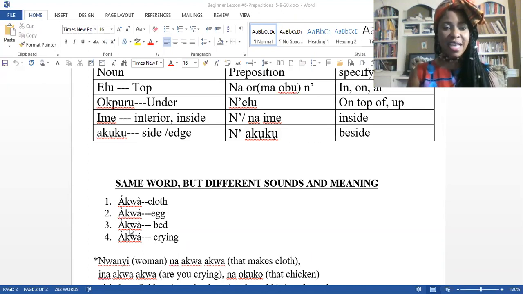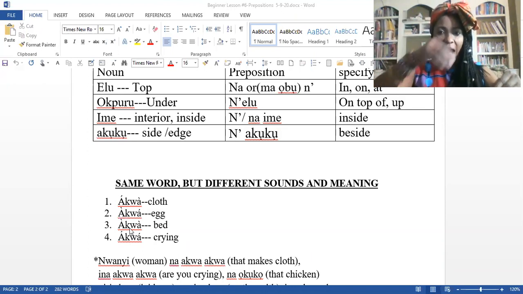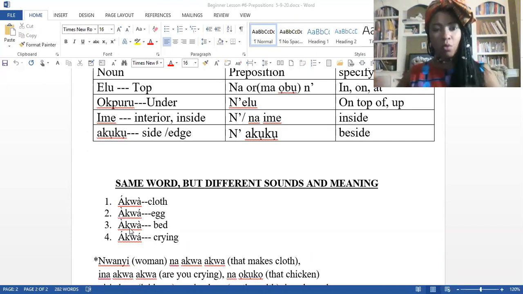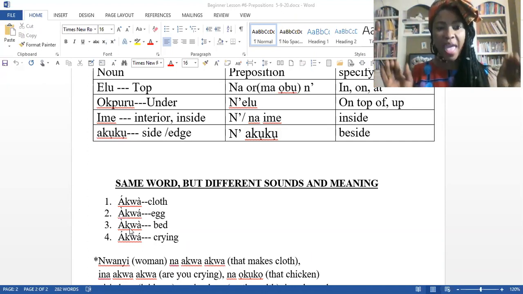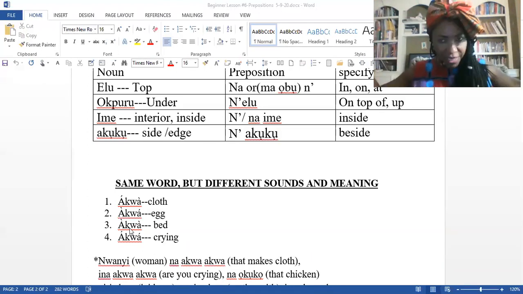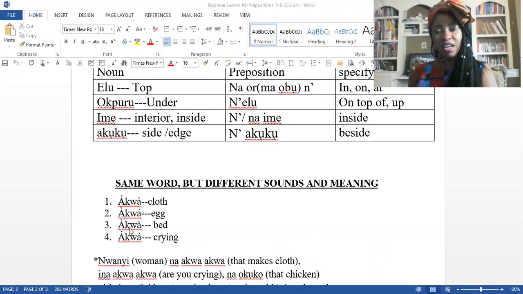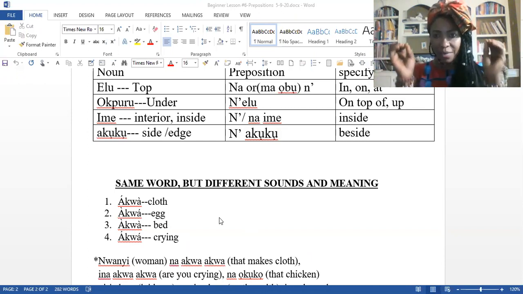Then the third one says akwa, both tone marks low, means bed. Now, akwa, high pitch, means crying. So you need to know the different tones. It is very, very important.